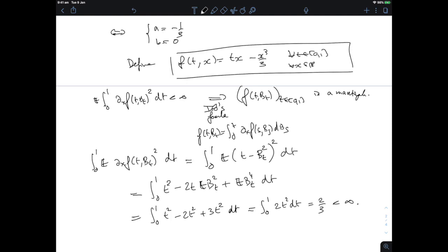Now, if f(t,Bt) is a martingale, we have that f(t∧τ, B(t∧τ)) is also a martingale with respect to the Brownian filtration, because we've already shown that τ is a stopping time.